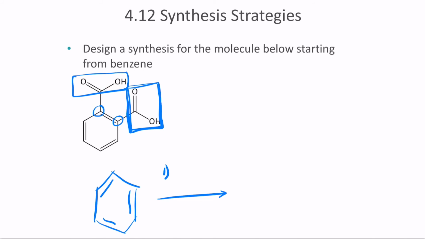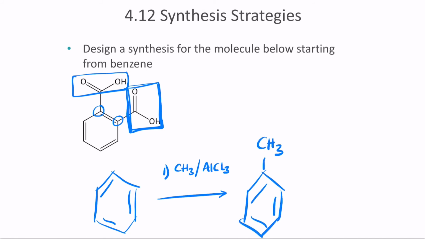For example, here I can start with CH3 and AlCl3. First, Friedel-Crafts acylation creates a group with CH3 on the top.